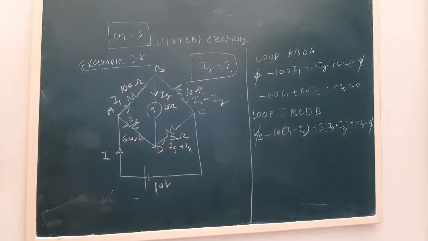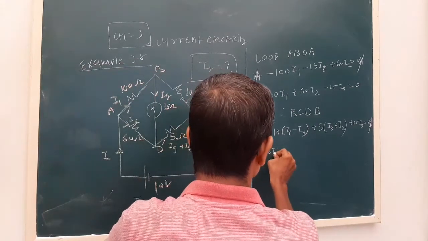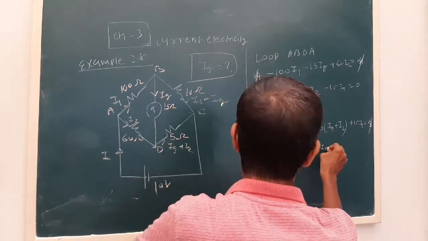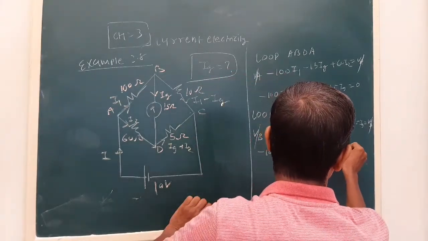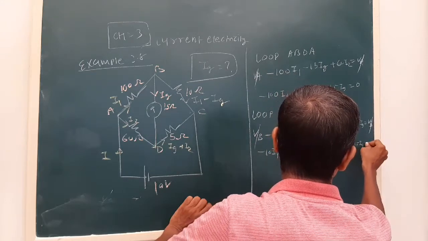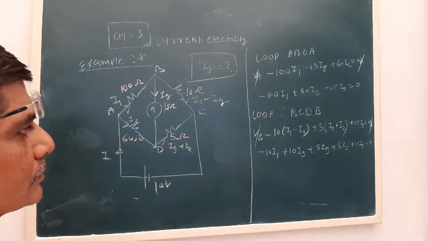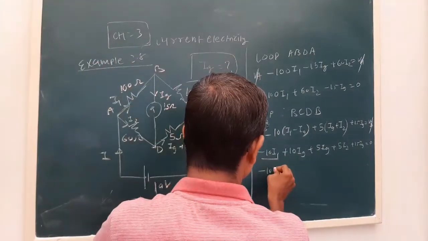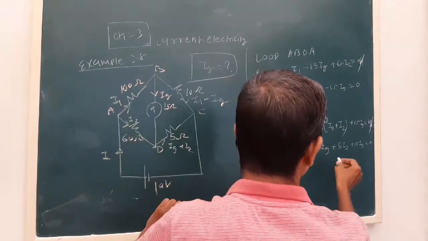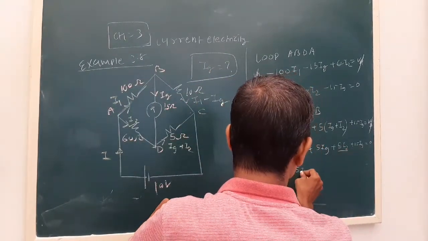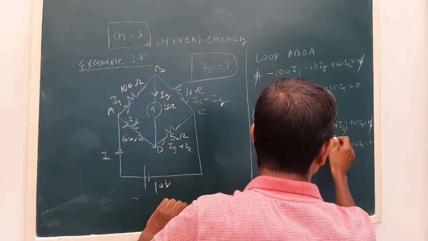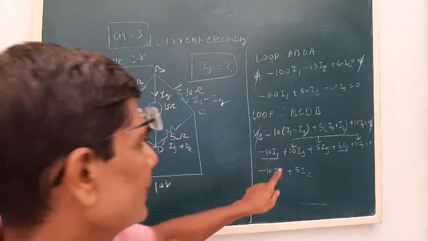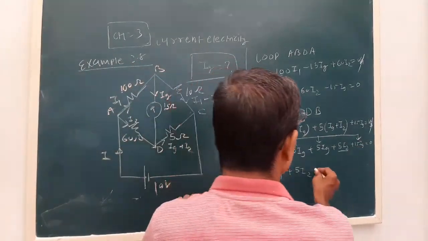Now minus 10 I1 plus 10 Ig plus 5 Ig plus 5 I2 plus 15 Ig. The term with I1 only is minus 10 I1, then 5 I2, and for Ig there are three terms: 10 plus 5 is 15, plus 15 is 30.